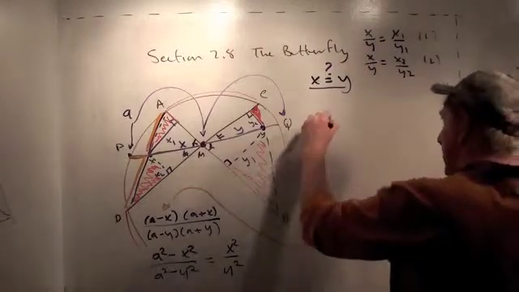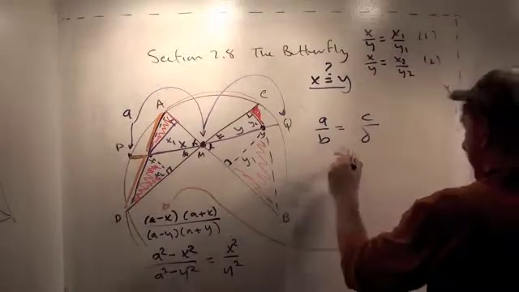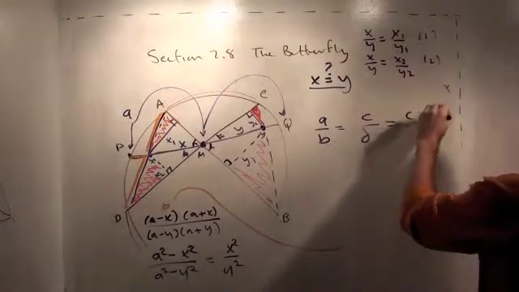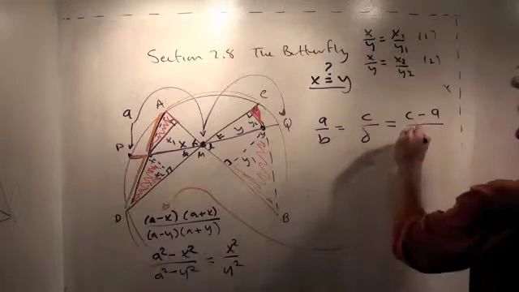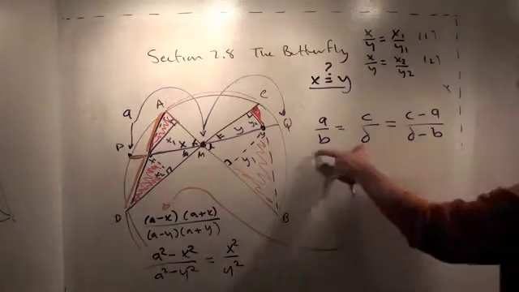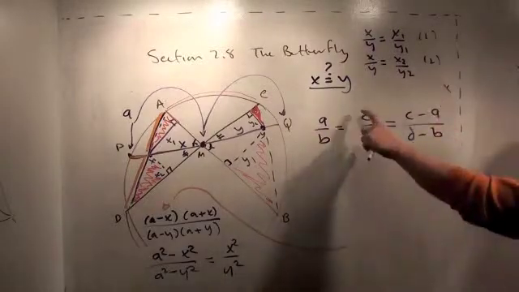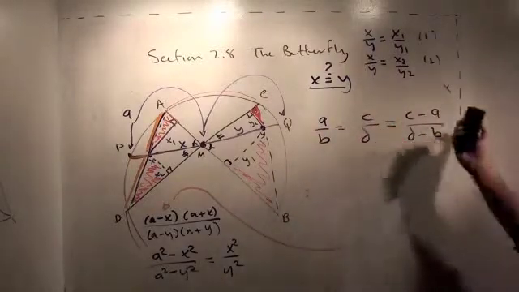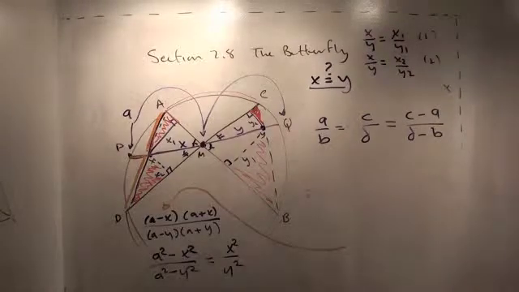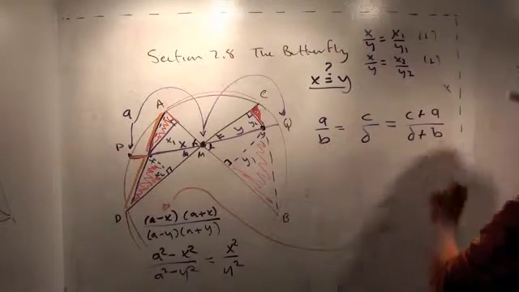If A over B equals C over D, then this also equals C minus A over D minus B. So if two ratios are equal, you can subtract the numerator and denominator from one of them and you get the same ratio, as long as none of these things are zero, obviously. And similarly, you could add them.